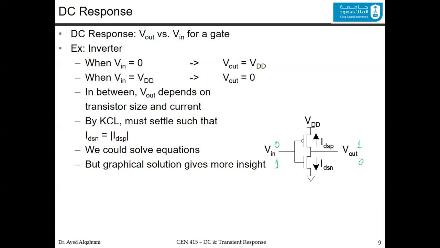The amount of voltage itself depends on many things like the transistor size and the current and so on. And we have currents going through the PMOS and the NMOS based on its saturation. So let's look at them again. If you have 0, then this is on and this is off, which means that this output node is charged by the voltage.